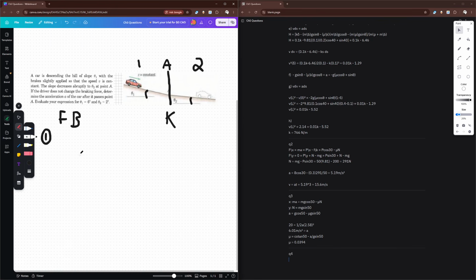So let's get our car. And our axes are going to be in the direction of the car, like this. And this is dotted to represent axes. Wow, that was awful. So I'm going to say F for braking force. I'm going to go straight down and say mg.